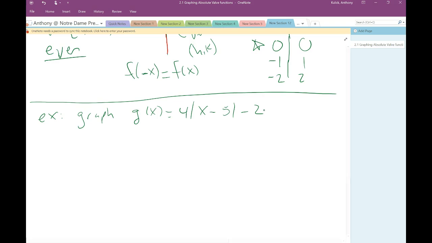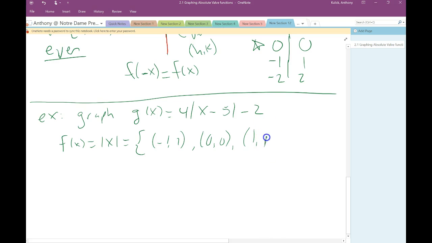You could say, okay, well, for my absolute value of x, I know this contains the points negative 1, 1, 0, 0, and then 1, 1. And I could do a map just like we had done in the previous section.